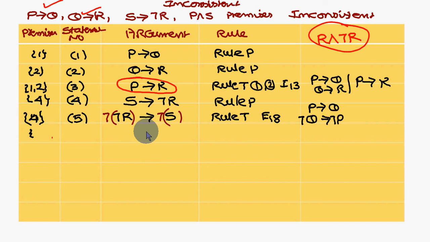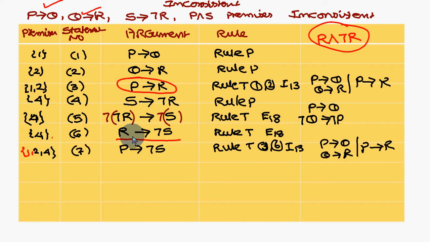So then you come across R conditional not S. If you check the third and sixth statements and combine them according to rule I13, R will get cancelled, giving P conditional not S. I13 says P conditional Q, Q conditional R gives rise to P conditional R. The statements mixed are 3 and 6, derived by rule T.